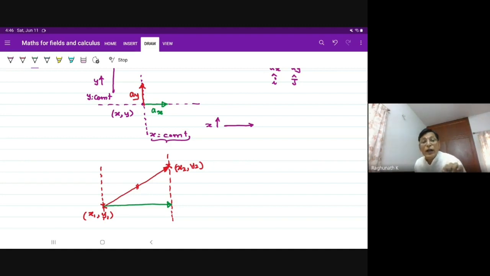In which the first component is the x component. Now, what is this? x2 minus x1 ax. You know it, but it's my duty to tell.